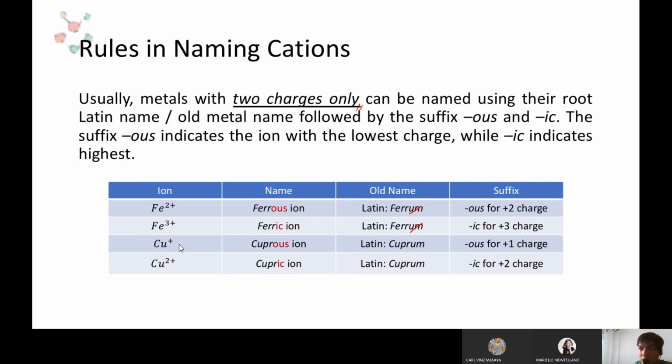Another example is copper 1 and copper 2. The root name of copper, its old name, which is why it is Cu, is cuprum. So how do you get the root name?